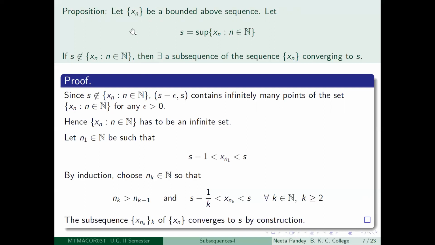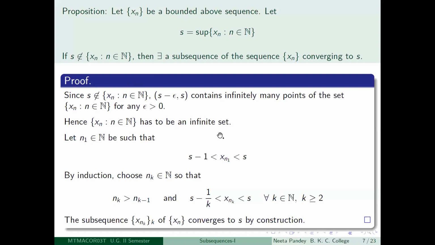See, if you have a bounded above sequence, you could have just taken the constant sequence. If you took the constant sequence, the underlying set would be a singleton, so it would be a finite set. So my first observation is that if you look at the supremum of a bounded above sequence, and if the supremum is not a term of the sequence, then necessarily your sequence has to be such that its underlying set is an infinite set.